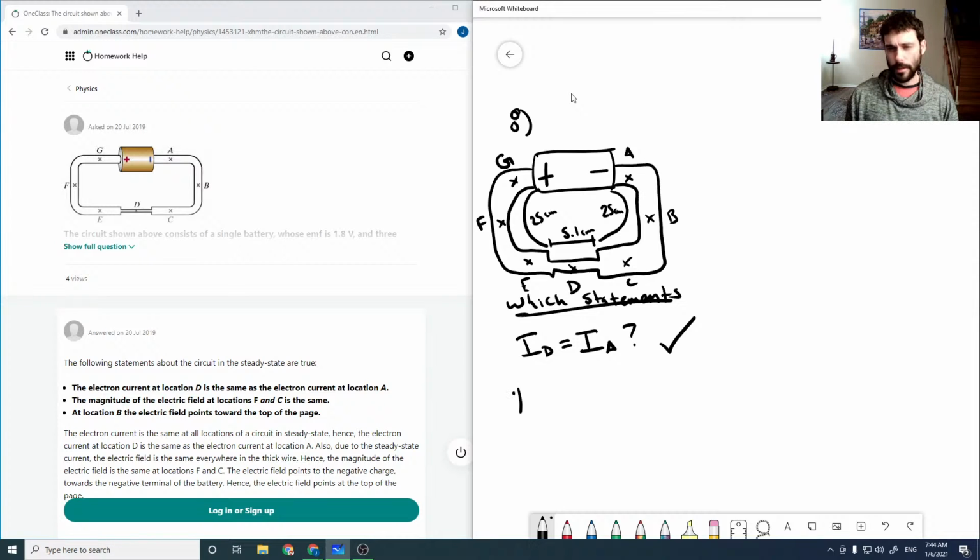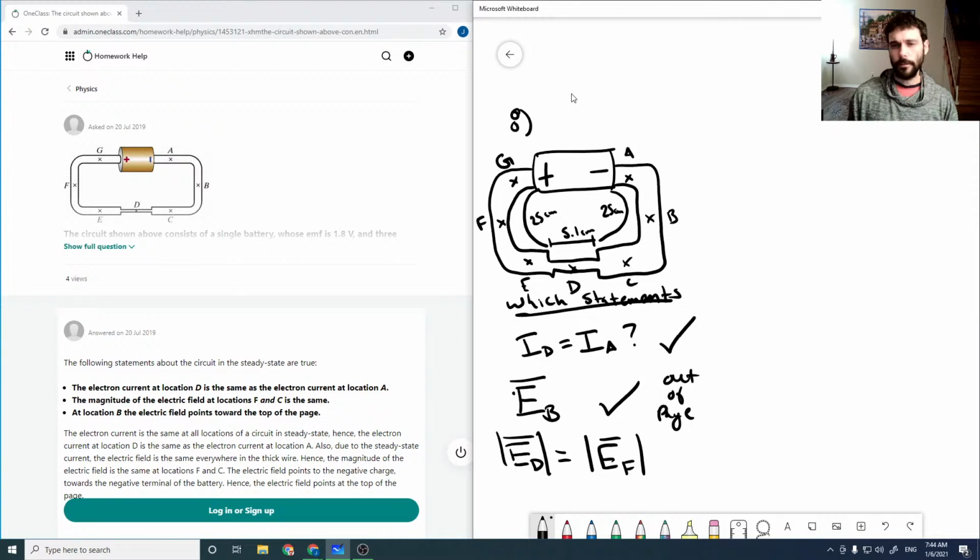So it also asks, is EB, the direction of the electric field at B, coming out of the page, and that is also correct. Out of page. And so the electric field is going to extend outward. And it asks, is the magnitude of the electric field at D equal to the magnitude of the electric field at F?